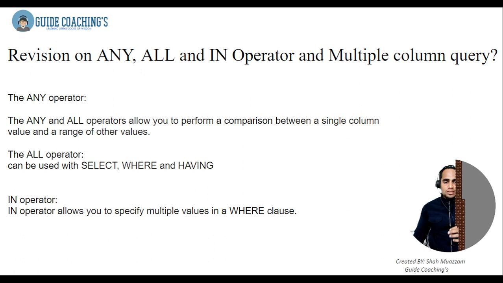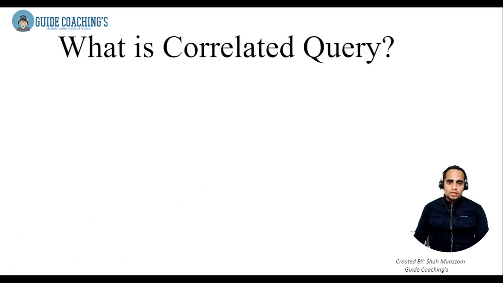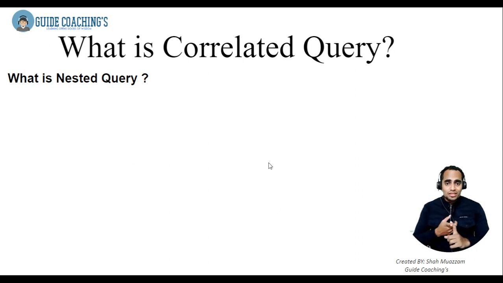Okay, so now moving ahead to today's topic, that is, what is a correlated query. Before going forward, first understand what a nested query is. A nested query is what we have seen in the previous two tutorials. The first one is the outer query, and there is the inner query inside the parentheses.